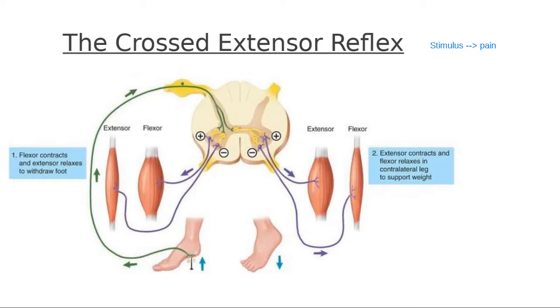Yep, this is going to be a spinal reflex, because there's that spinal cord. Are we going to say that this one is monosynaptic or polysynaptic? Yep, this is definitely polysynaptic.